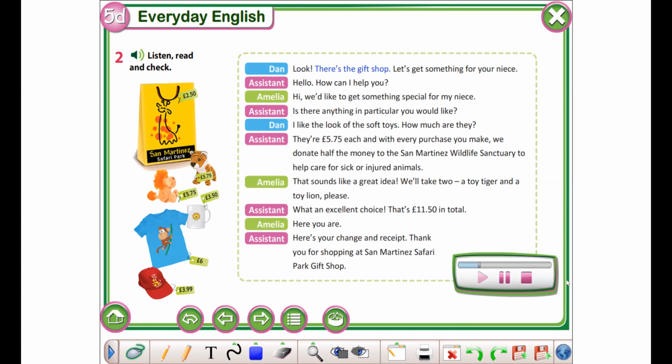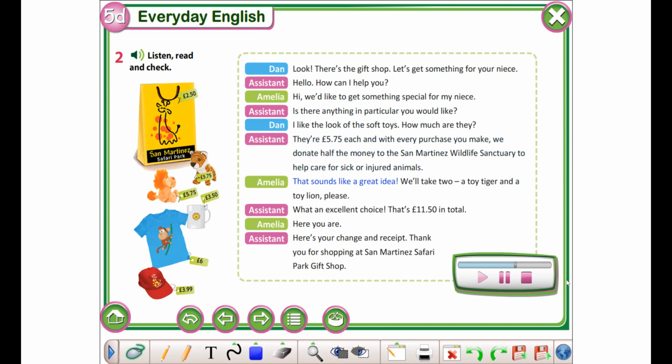Look, there's the gift shop. Let's get something for your niece. Hello, how can I help you? Hi, we'd like to get something special for my niece. Is there anything in particular you would like? I like the look of the soft toys. How much are they? They're £5.75 each, and with every purchase you make, we donate half the money to the San Martinez Wildlife Sanctuary to help care for sick or injured animals.